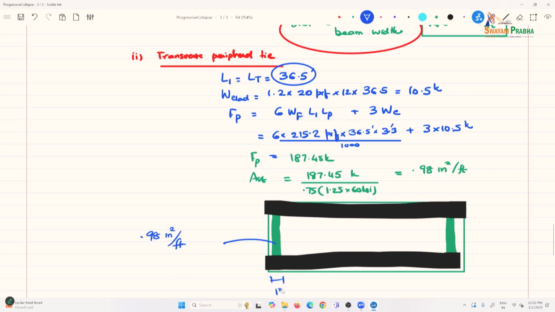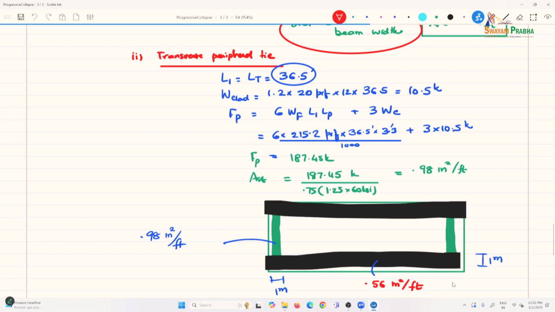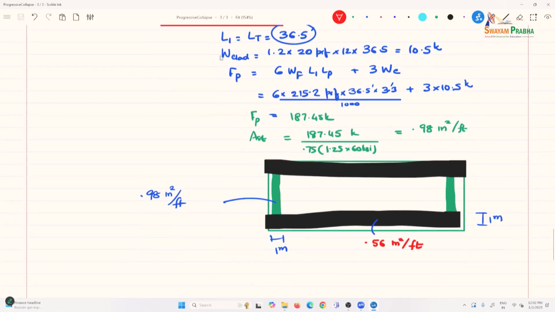All of these are 1 meter or 3.3 feet, and here in the other one it is 0.56 per foot. So total steel you will provide is multiply by 3.3 and then give the spacing. So that's the peripheral ties to ensure that the slab has catenary action.